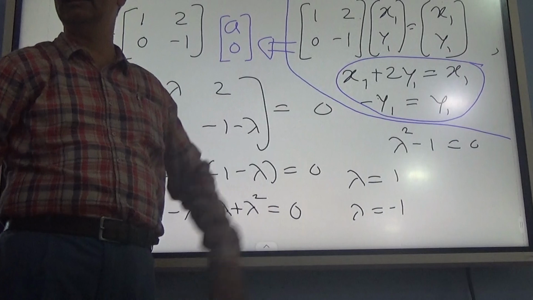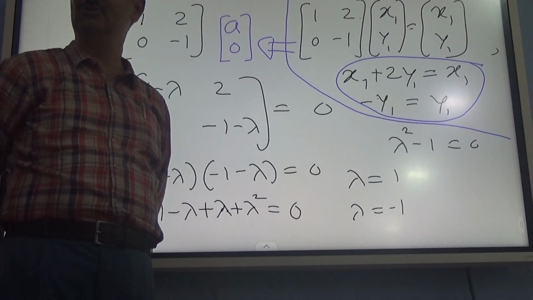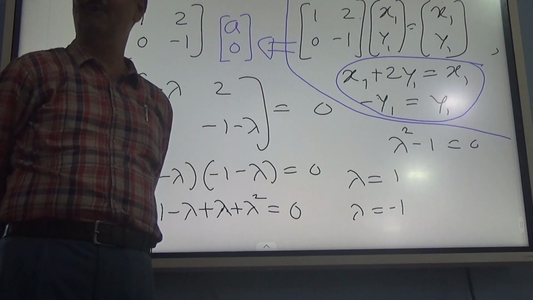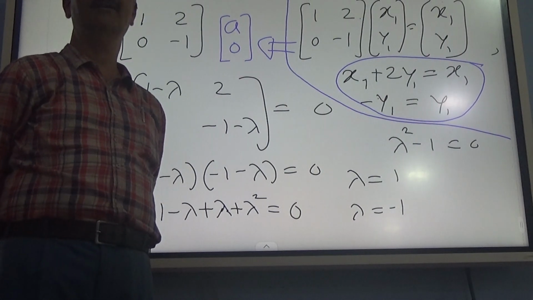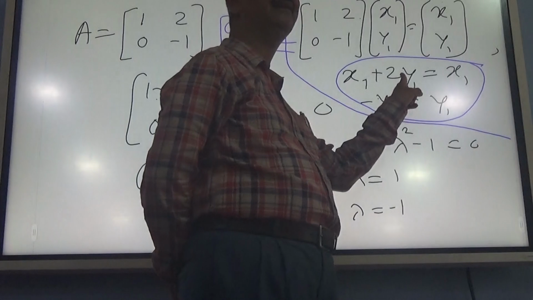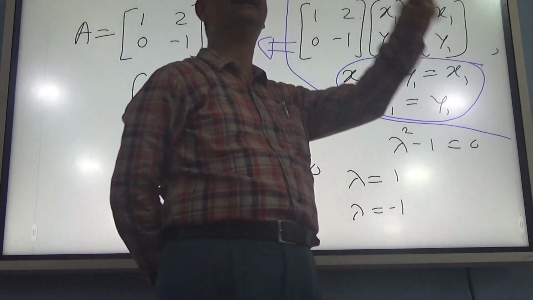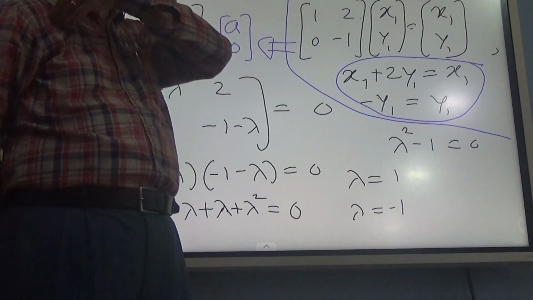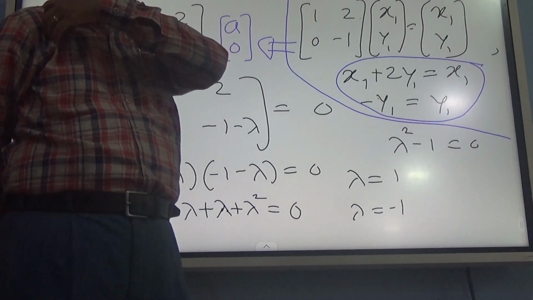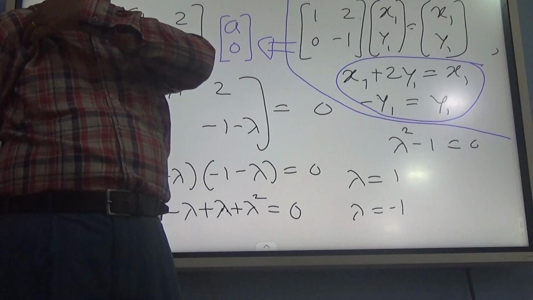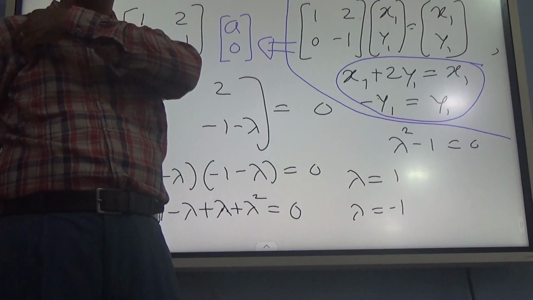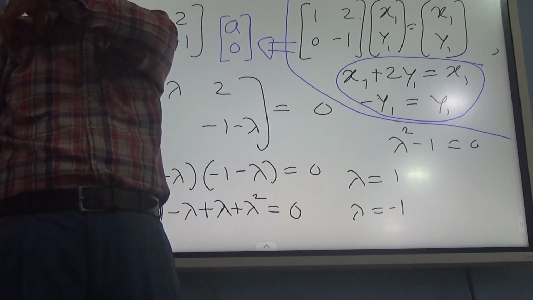There are two simultaneous equations, and we just got multiple answers. y1 must be 0, but when I put y1 equal to 0 here, what do I get? x1 equal to x1, what does it mean? This second equation disappears. x1 equal to x1 is no longer an equation, it is true for any x.